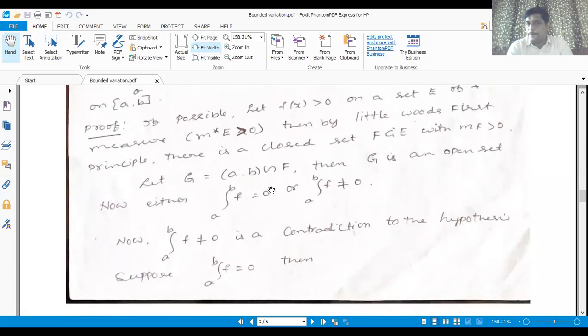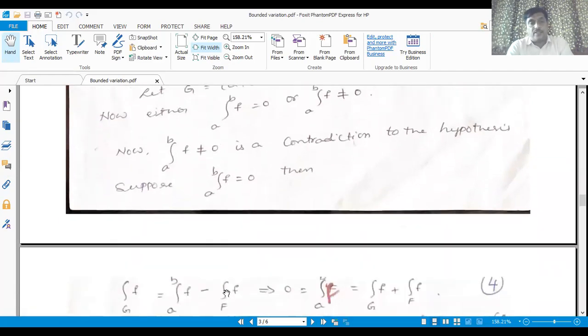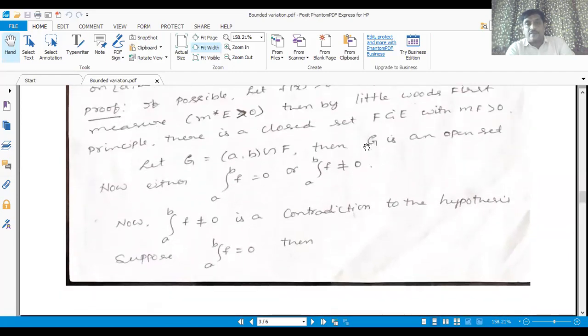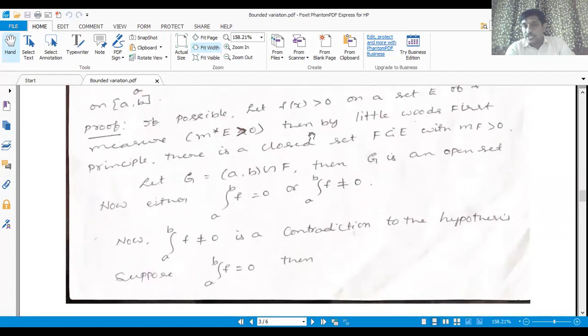Therefore suppose the integral over a to b of f is equal to 0. Then the integral of f over G can be split as the integral over a to b minus the integral over F, where we have chosen capital F as a closed set.